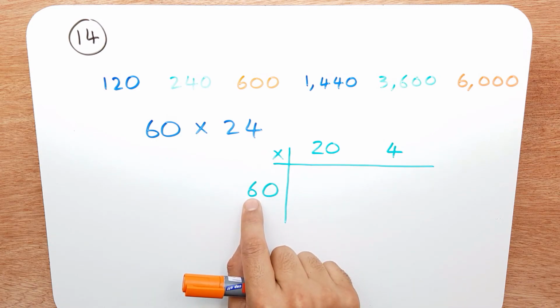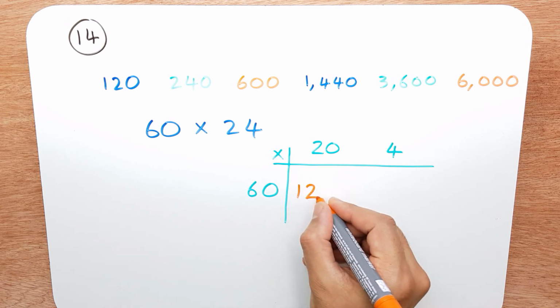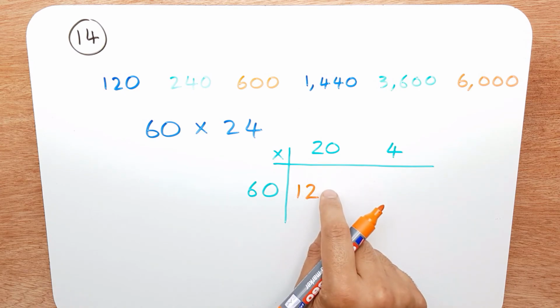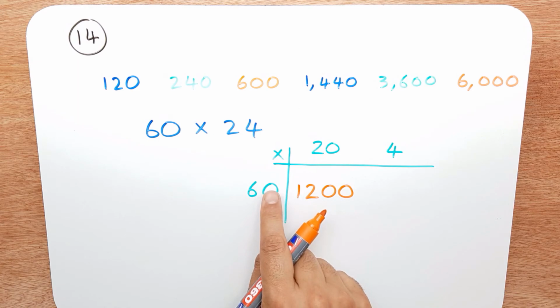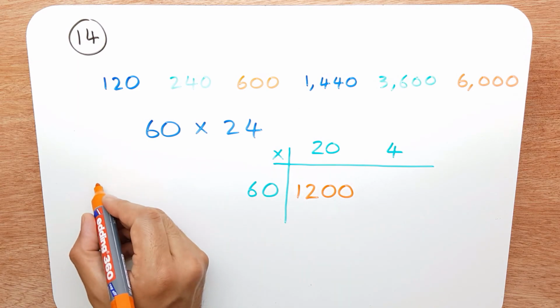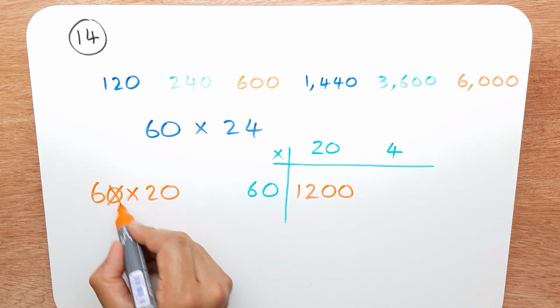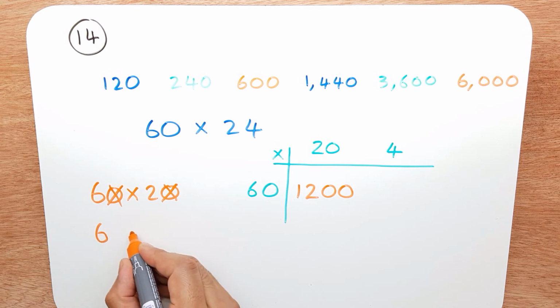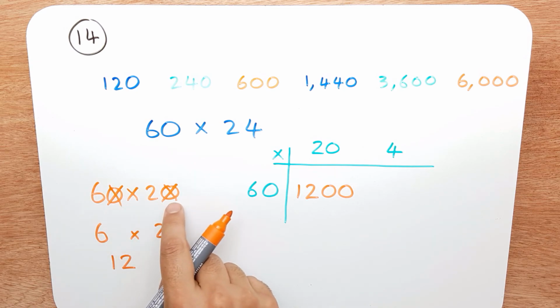I'm going to do 6 times 2, which is 12. Now I bring these 2 zeros back. That's a little trick. To make the calculation easier, I do 60 times 20 and I ignore these. So this is all going on in my head. So I now have 6 times 2. And I know 6 times 2 is 12. Then I bring these 2 back.